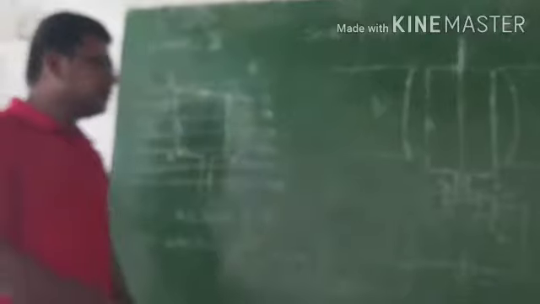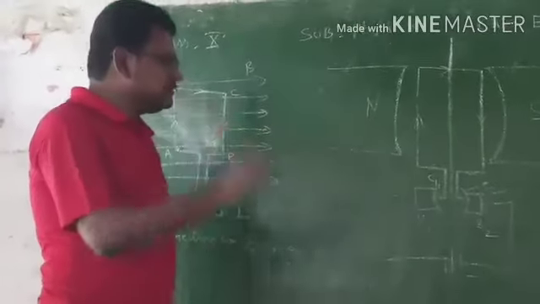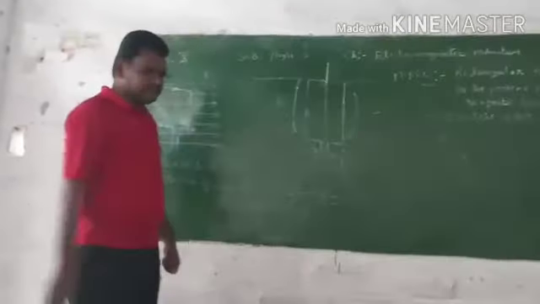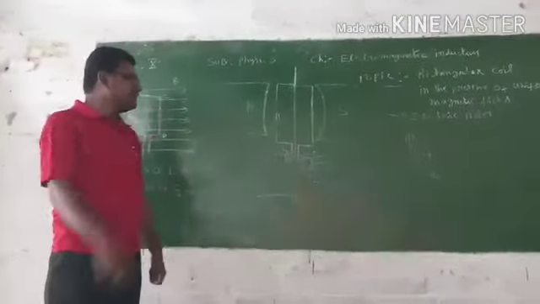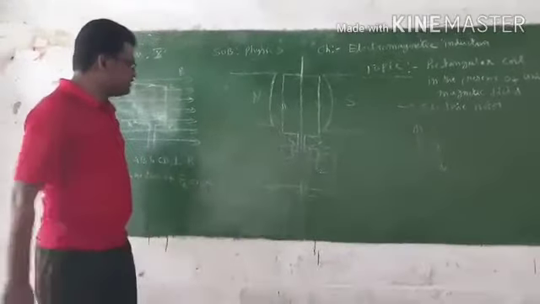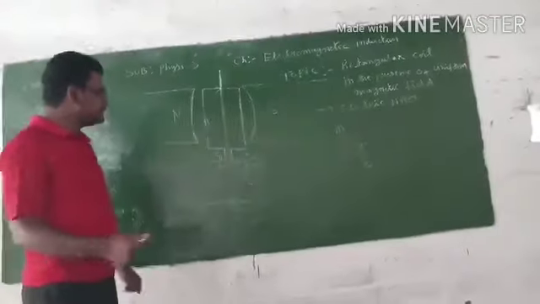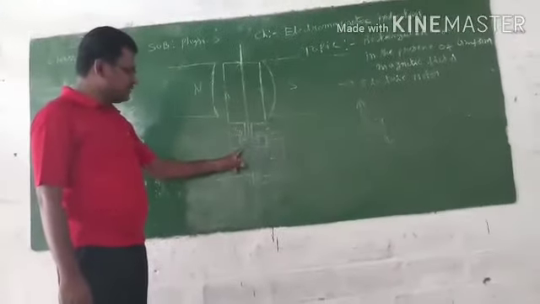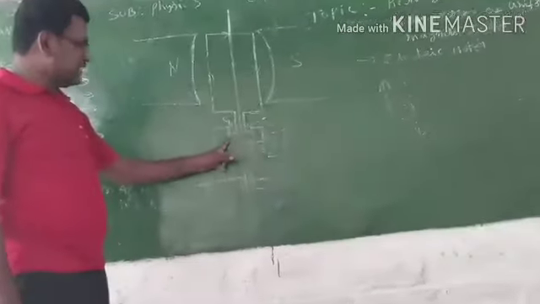Okay, so what makes the coil rotate continuously, or how do we make the coil rotate continuously? Now let's see. For this, we take two half slip rings.